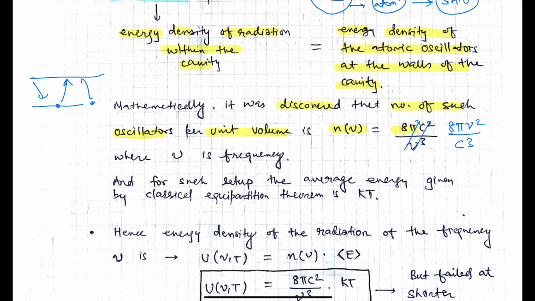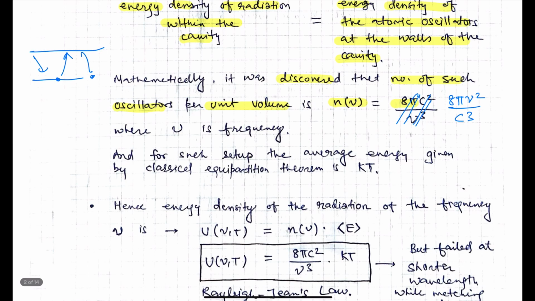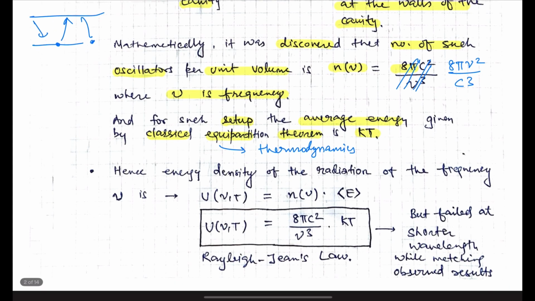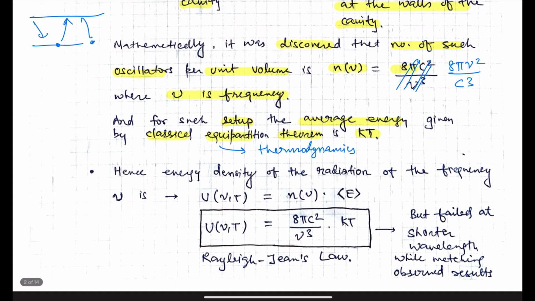I wrote it a little wrong, so I corrected it. Here nu is the frequency. For such a setup, the average energy is given by the classical equipartition theorem, which you might have studied in thermodynamics, and it is equal to kT. Hence the energy density of radiation of that frequency is simply the total number multiplied by the average energy.